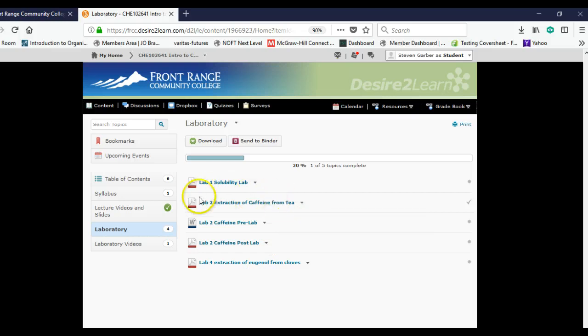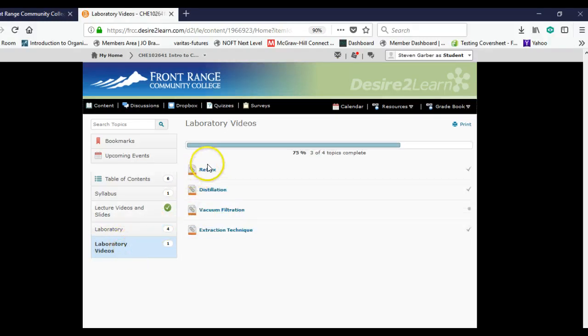So right now this isn't complete, but it will be. There are also some laboratory videos. The third week, or the second week technically, when we do the extraction of caffeine from tea, you'll watch a video on how to do extractions so that you have an idea, so that when you come in to lab, you pretty much will be all caught up on everything.